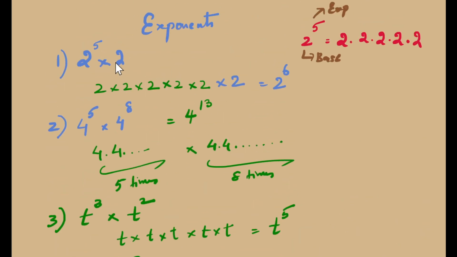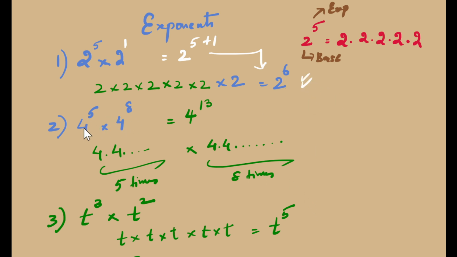So 2 raised to the power 5 multiplied by 2 gives us 2 raised to the power 6. The 2 is multiplied just once, so we can write it as 2 raised to the power 1. If you apply the rule, it's 2 raised to the power 5 plus 1, which gives us 2 raised to the power 6. So the product rule is satisfied here.